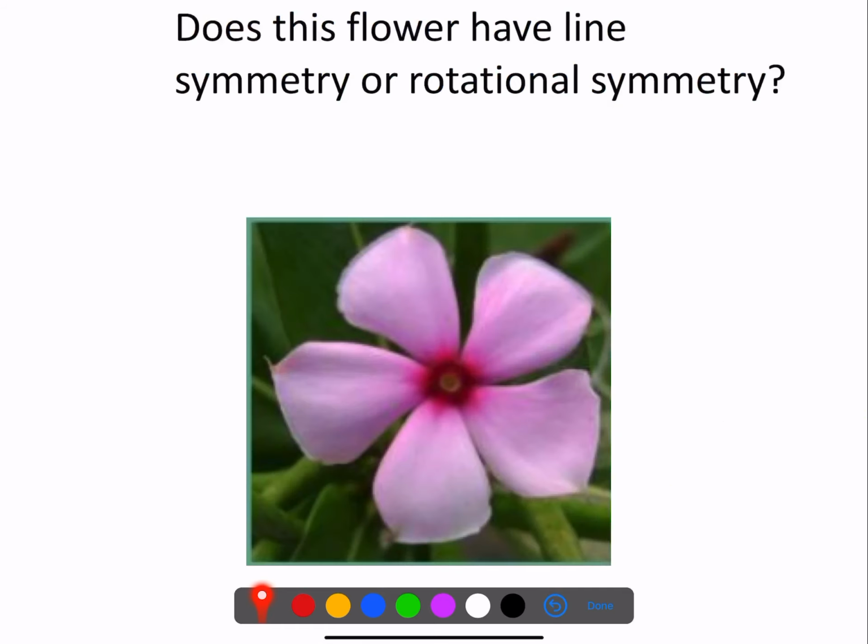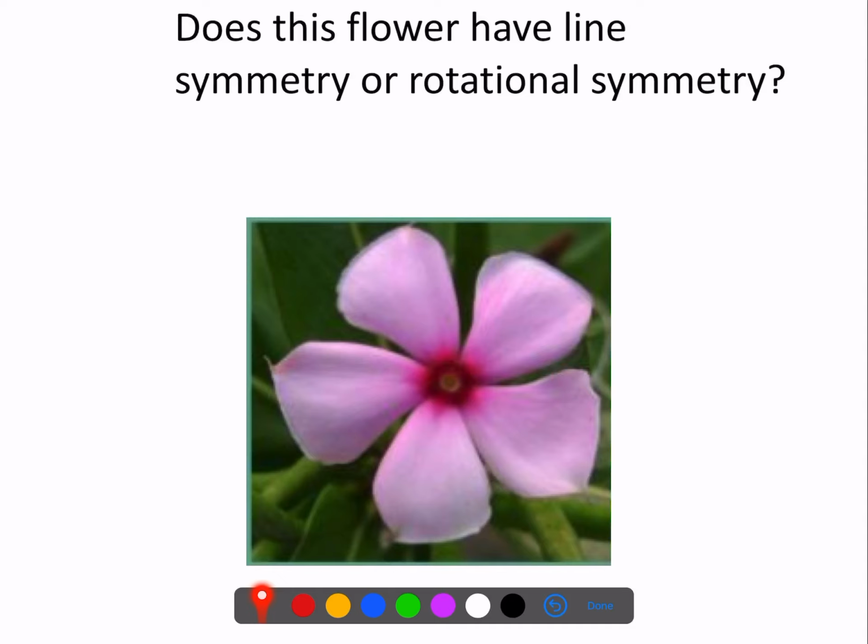Now we have this flower here, this pink flower, and we're wondering, does this flower have line symmetry or does it have rotational symmetry? As we look at this, we may notice a few things, and we need to be really exact. If you notice here, it curves along this edge, and it does the same thing on each petal.